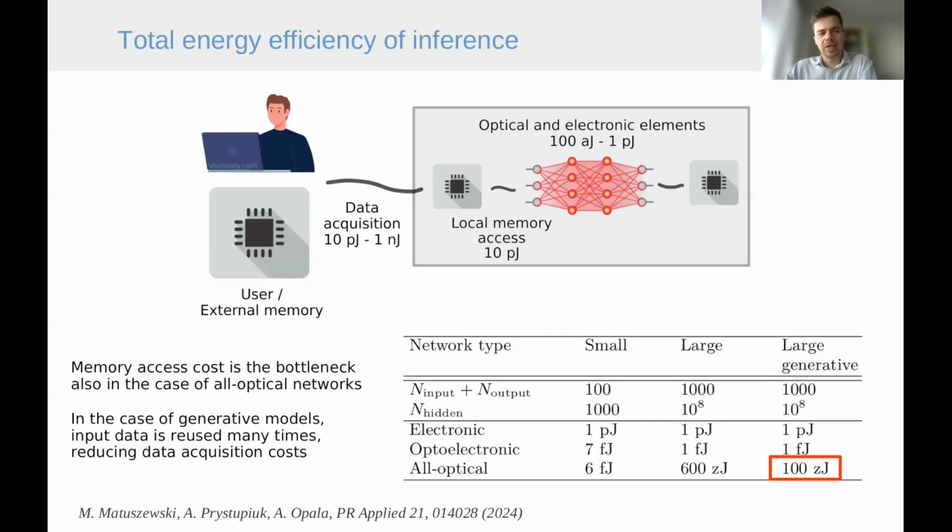And we found that actually this memory access is the most important bottleneck, also in the case of all optical networks. But in the case of generative models, when this input data is actually reused many times, reducing this data acquisition cost, we can get very high energy efficiency for all optical networks, especially in the case of large generative models. And this is investigated in detail in this paper.